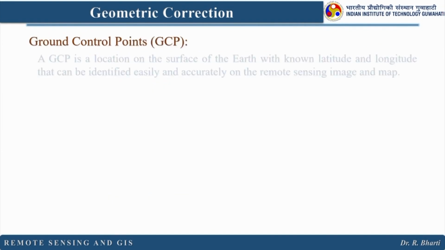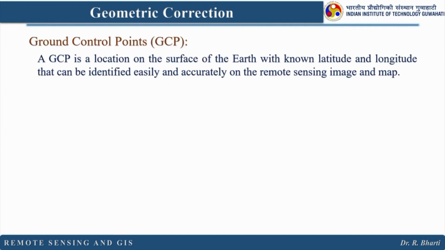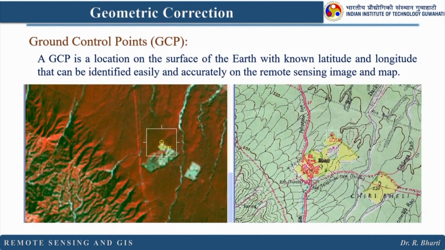So, how do we define a ground control point? A GCP is a location on the earth surface with known latitude and longitude values that can be identified easily and accurately on the remote sensing image and map, right.